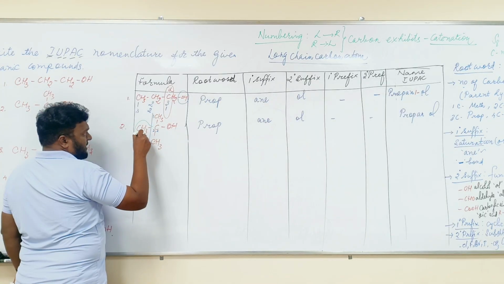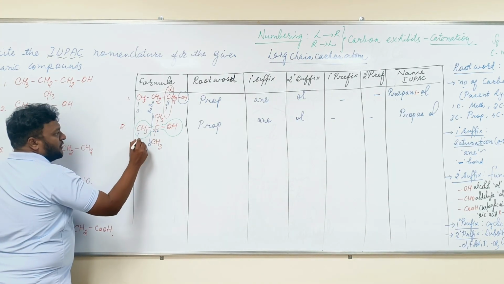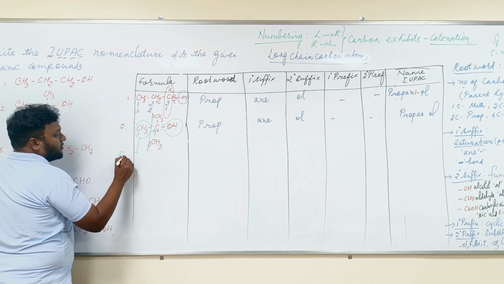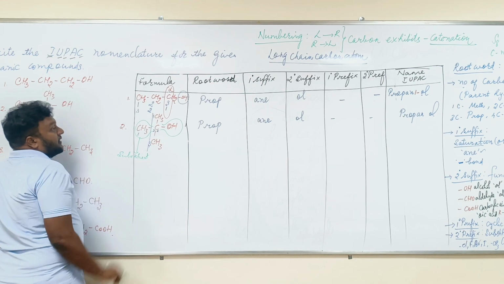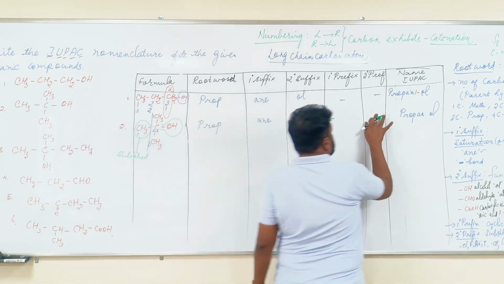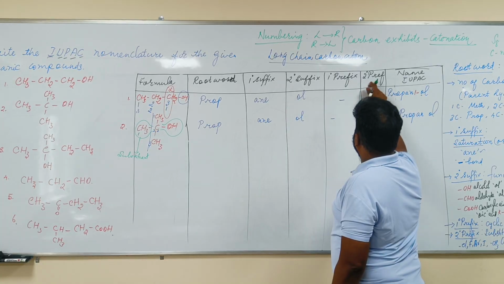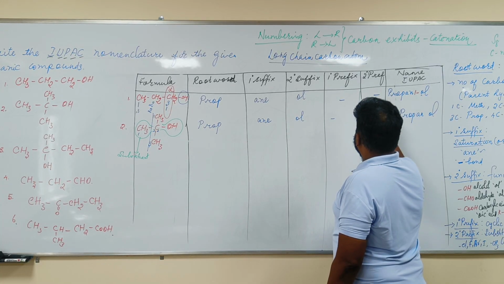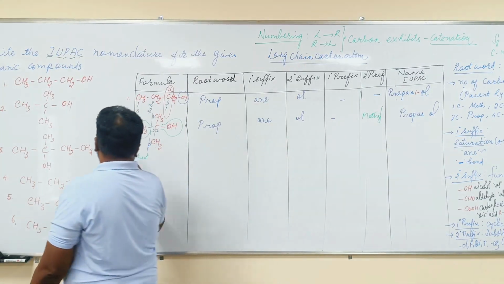This is also a branch attachment, and here also a branch. I told you this is a substituent group. The substituent group is a methyl group. The methyl group should be presented where? On the secondary prefix. So in the secondary prefix, a substituent group is present, that becomes methyl. So it is a substituent group.